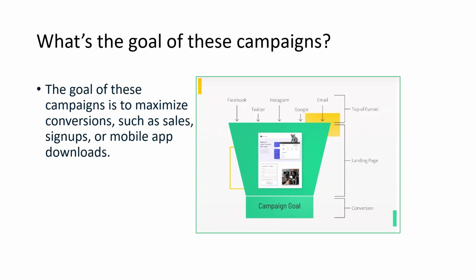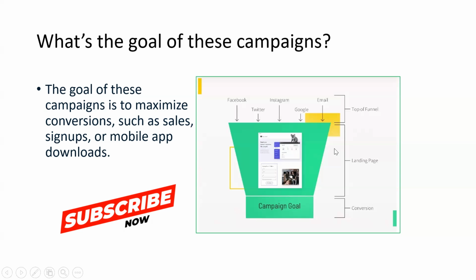And you'll see these campaigns on various platforms like Facebook, Twitter, Instagram, Google, or various direct website ads, which also have these conversion ad campaigns. And then you have emailers, where you have these forms which need to be filled up and submitted for the conversion to happen.